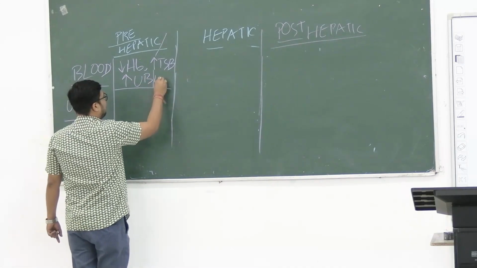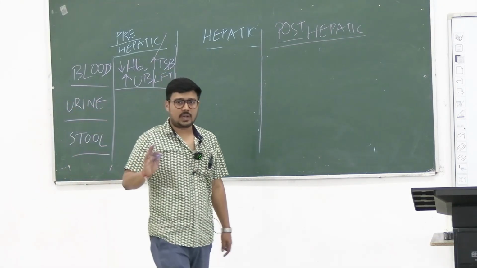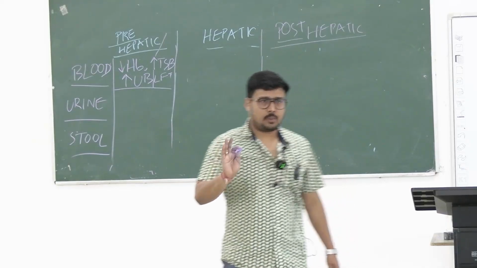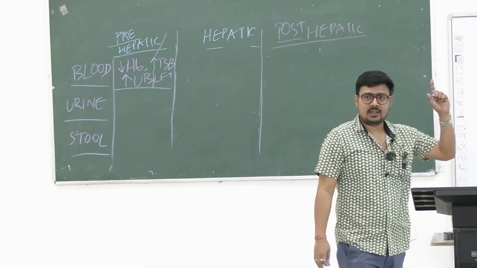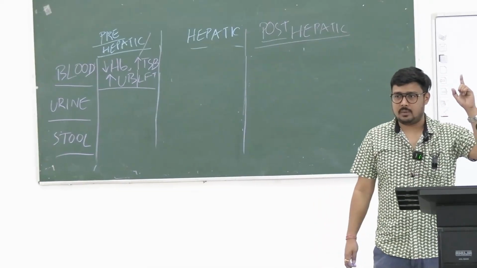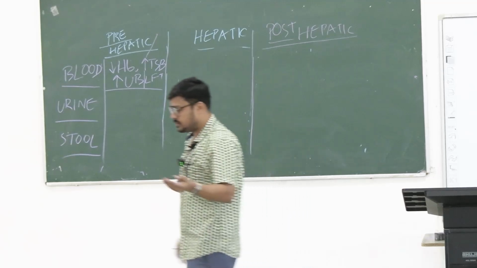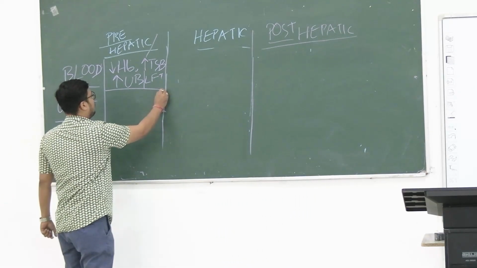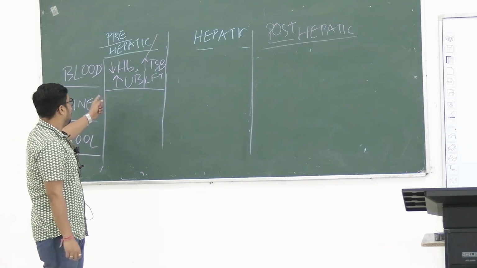But LFT, liver function test, will not be harmed to that extent. Normal mostly. Why? Because the insult is at production level. Huge production, beyond the conjugation capacity, not less conjugation, beyond the conjugation capacity.